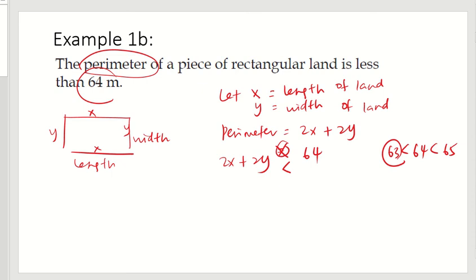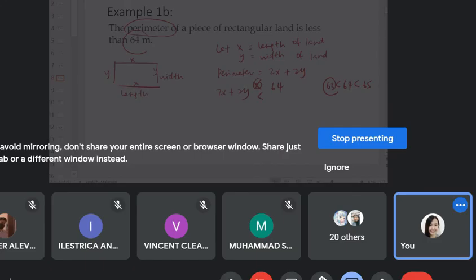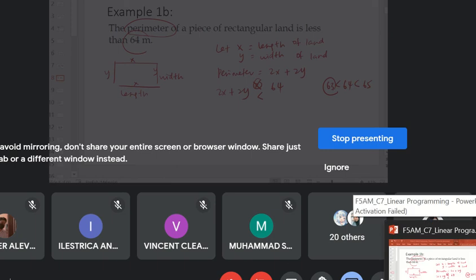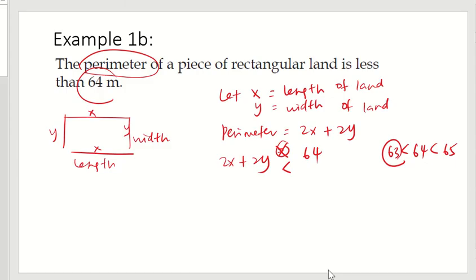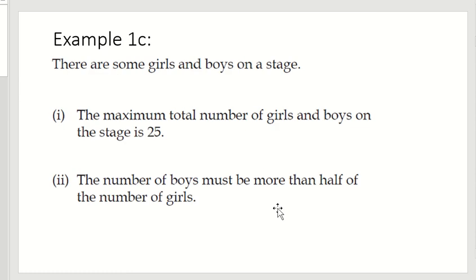Okay, any question? Okay, we go to 1C now. You try to do the questions. There are some girls and boys on a stage. Okay, it wants you to form two inequalities, or two mathematical models, for the first and the second situation.